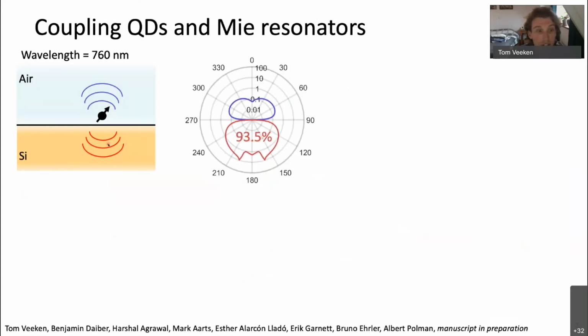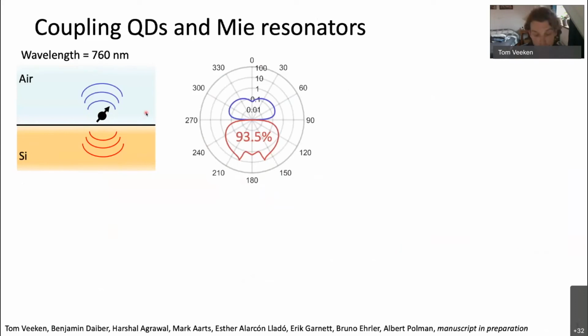As a start, let's make a reference case, which then would be the silicon solar cell at the bottom, a dipole modeling the quantum dot in air, and working at the 760 nanometer wavelength, because the quantum dots that we'll use in the experiment have the same emission wavelength peak.